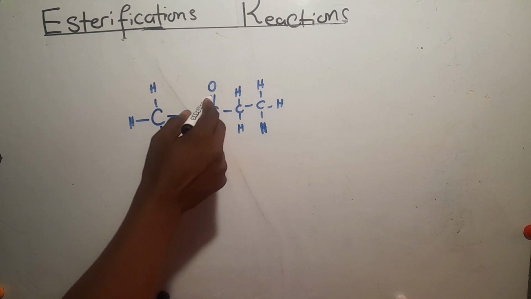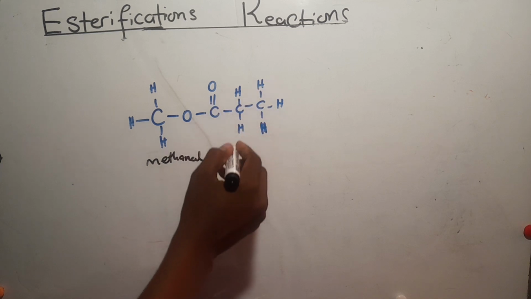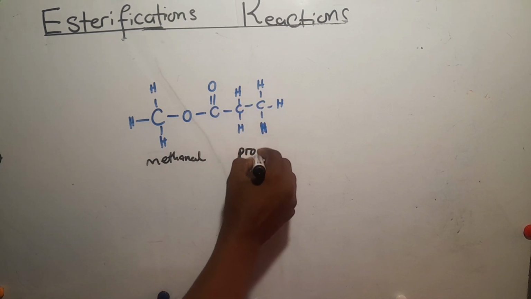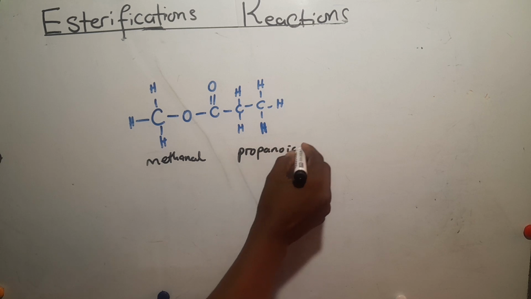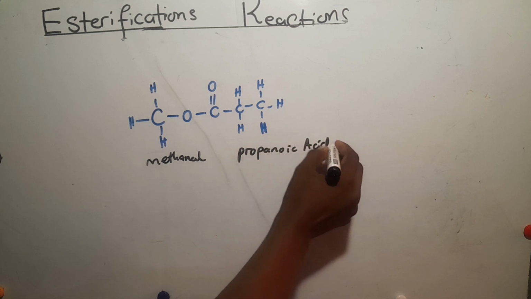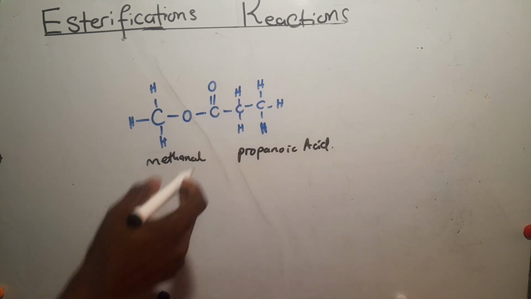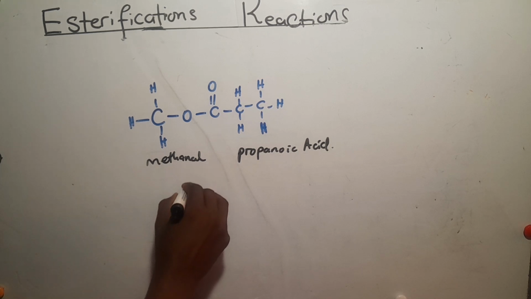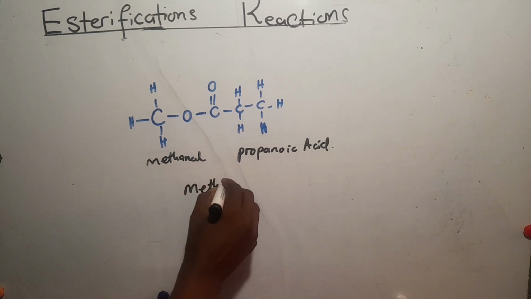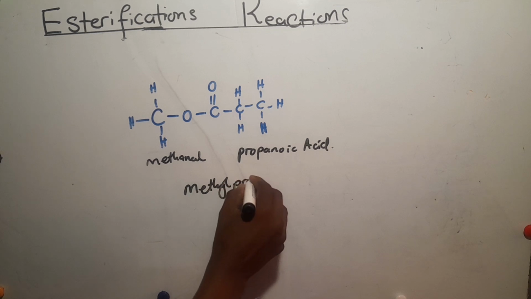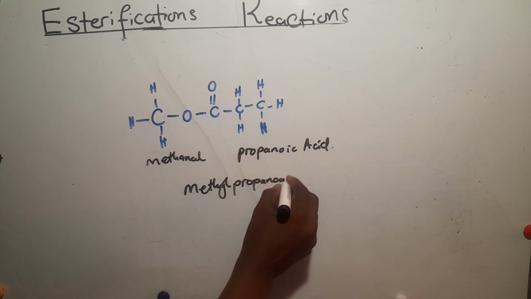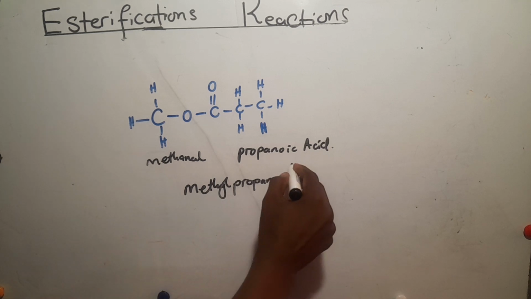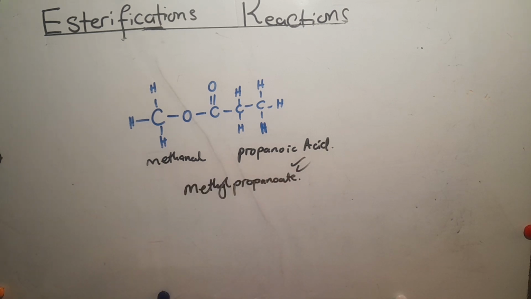And now this one with the double bond has 3 carbons in the chain, so that is propanoic acid coming from the carboxylic acid. And now putting the word together, we start with the alcohol one, so that will be methyl propanoate, just like that, as simple as that.